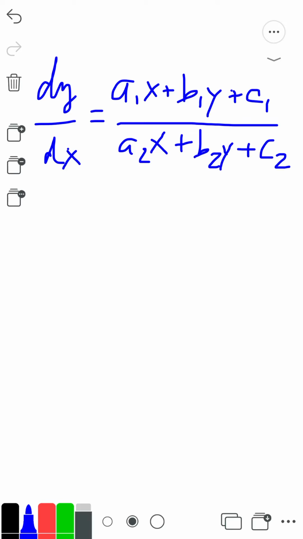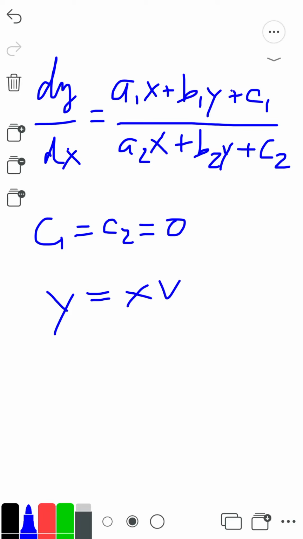For any differential equation of this form, a1, b1, c1, and a2, b2, c2 are all constants. They are just some numbers. And for any differential equation of this form, there's a trick to solve it. First, for the cases when c1 and c2 are equal to 0, we simply need to substitute y is equal to xv or u.